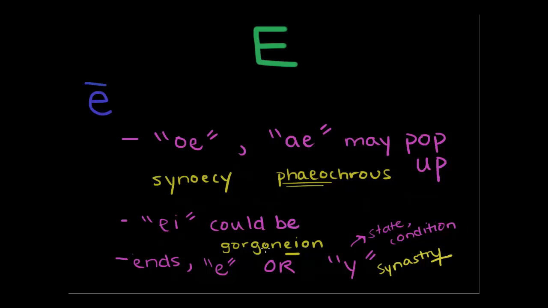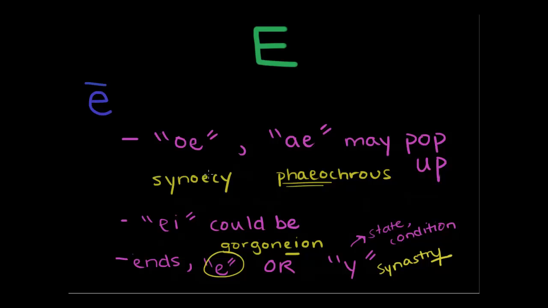Otherwise, the E is a very common ending for Greek words for the E sound. A lot of Greek words end in E, like both the sound E and the letter E. Most of the time, these are pure Greek words. They sometimes pass through Latin, but usually they're originally just Greek.